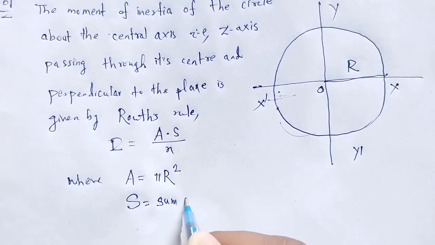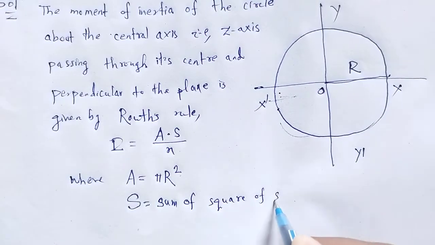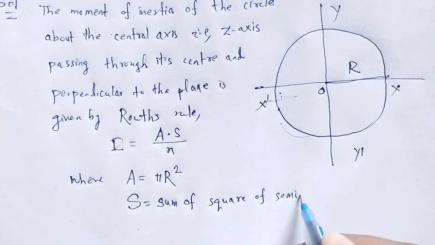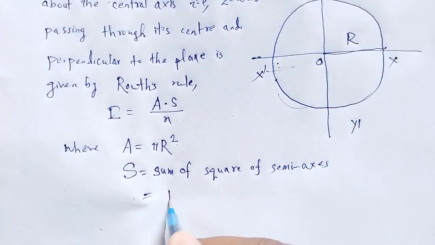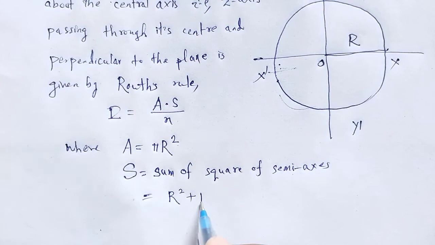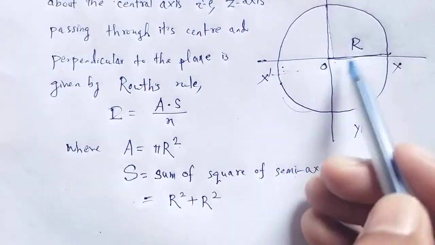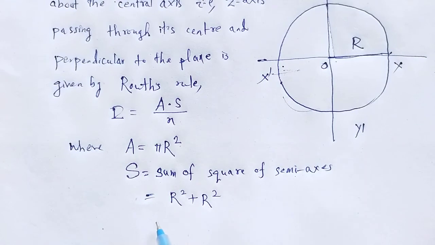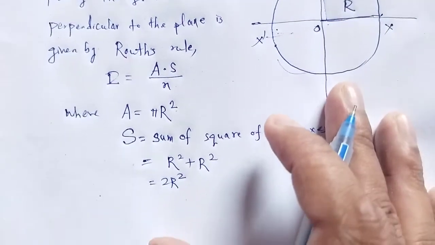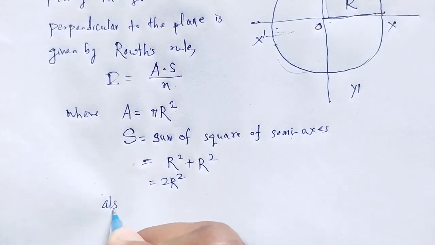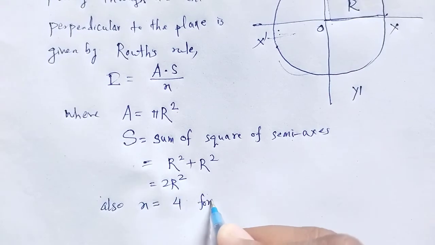S is the sum of the squares of the semi-axes. Semi-axes means r square plus r square, which is equal to 2r square. Also, N is equal to 4 for a circular body.